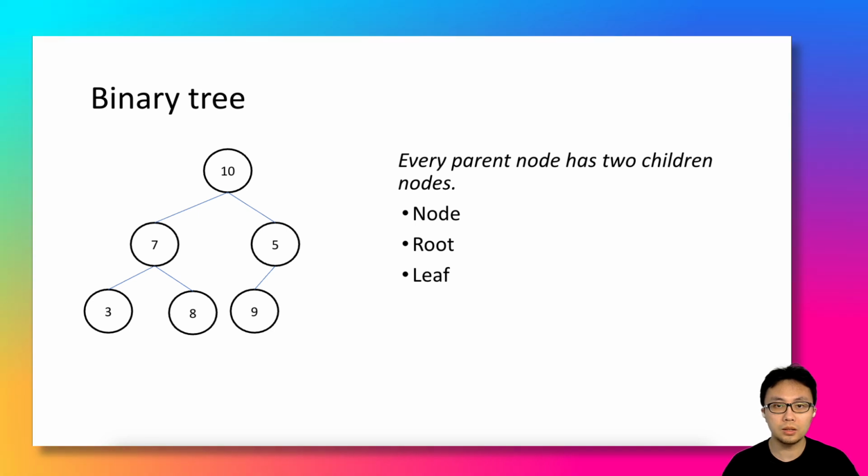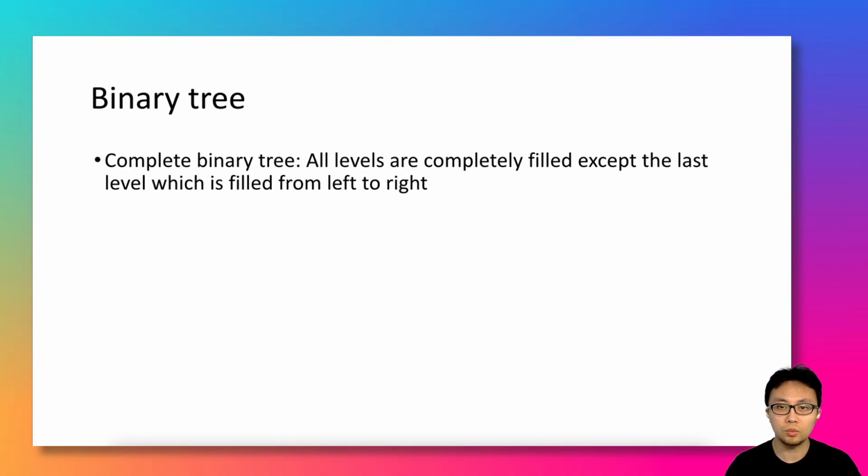Particularly, there is a special type of binary tree that's highly relevant to our discussion of heaps, because all heaps are complete binary trees. So what makes a binary tree a complete one? In a complete binary tree, all levels are completely filled except for the last level, which is filled from left to right.